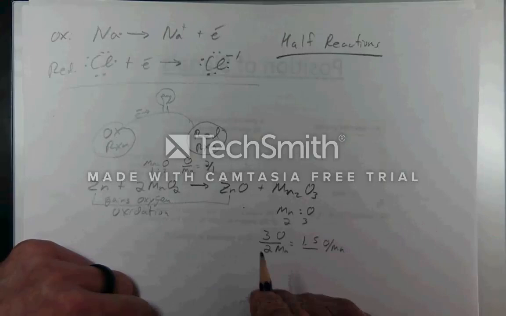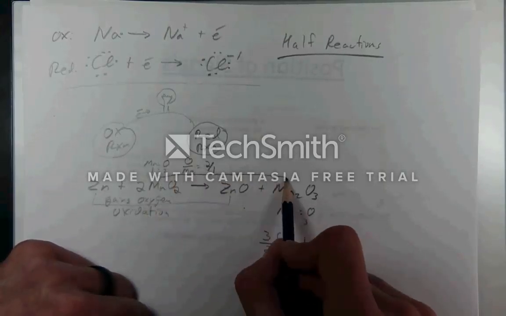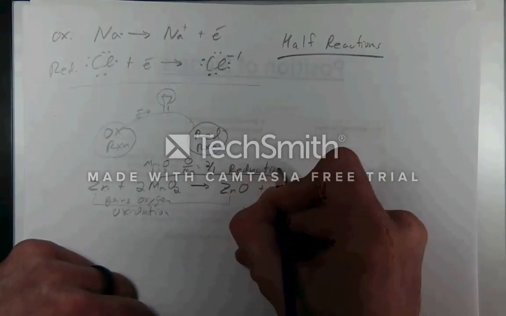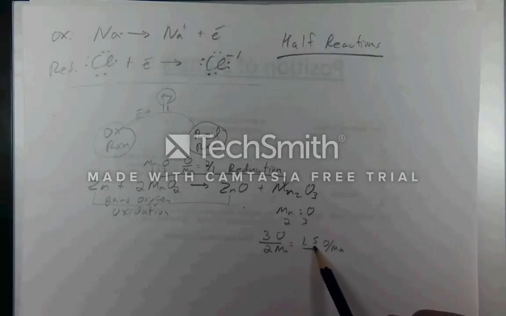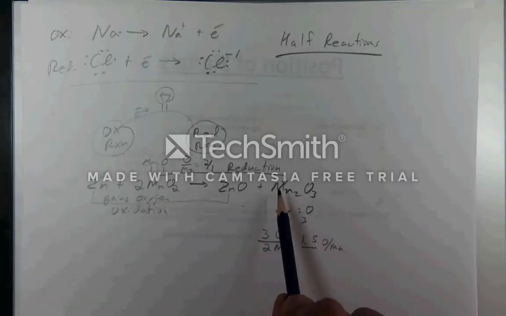So a little bit trickier, but again, if there's an oxidation, there must be a reduction. So this is the reduction, and in fact it is losing oxygens if you do the calculation this way. The other way to do this would be to assign oxidation numbers. I'm not going to bother with that.